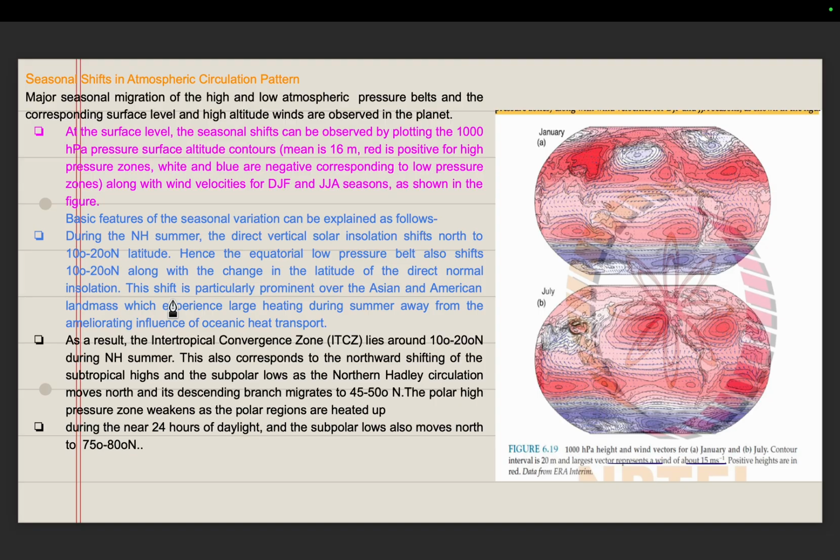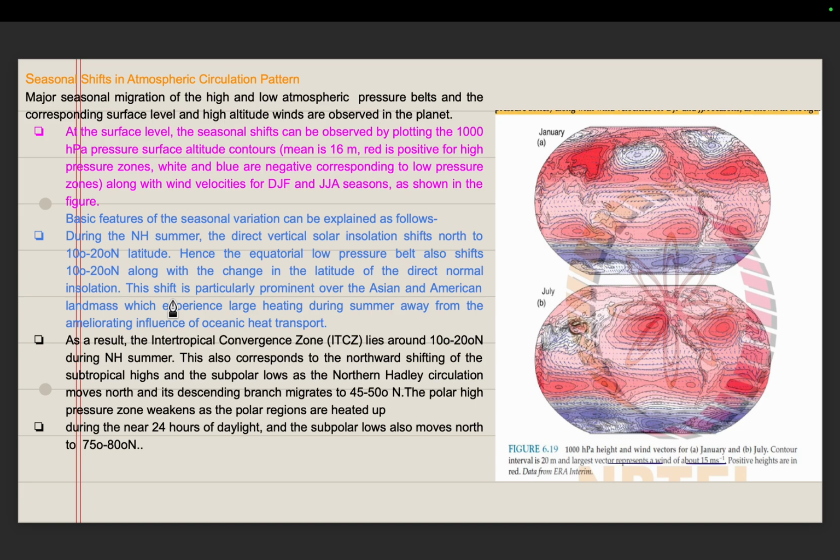The basic feature of this kind of seasonal variation plot can be explained as follows. During the month of July, when there is a northern hemisphere summer, the direct vertical solar insolation shifts to the northern latitudes, about 10 to 20 degree latitude.